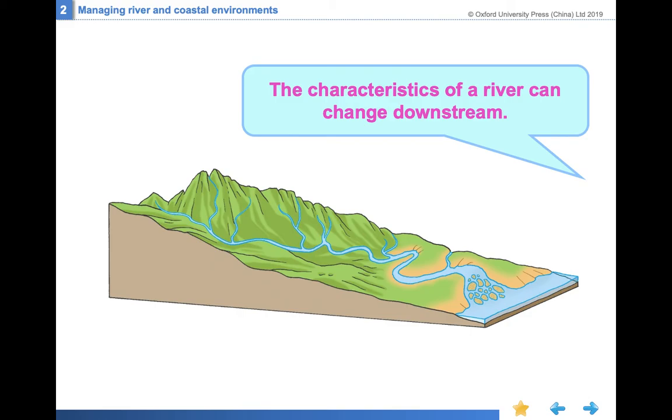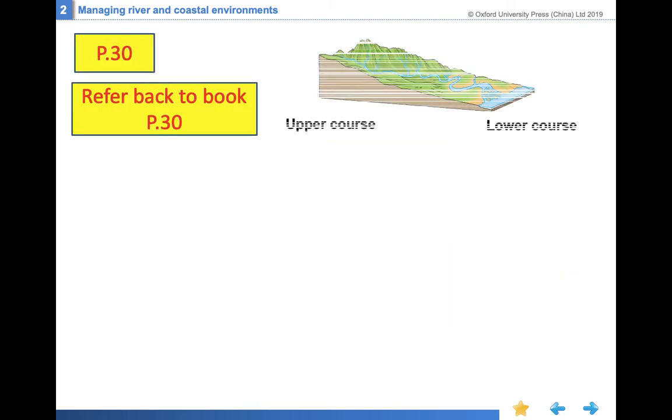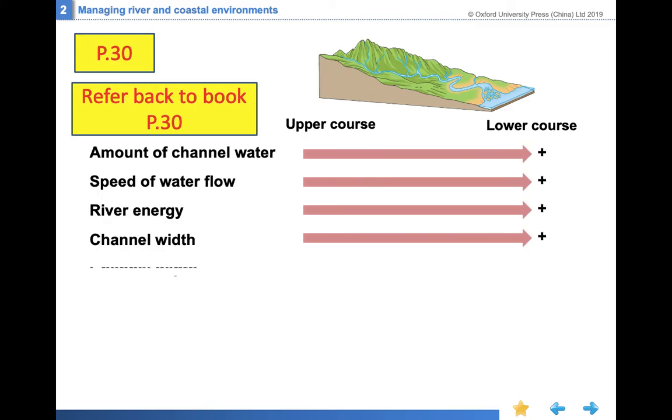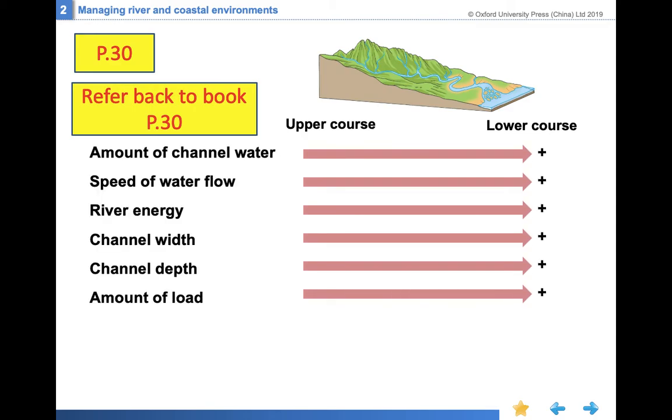So the characteristics of the river could change downwards, and you could see on your book page 30 the amount of water, the speed, the river energy, the channel width and depth, and also the amount of flow will increase when going downward.